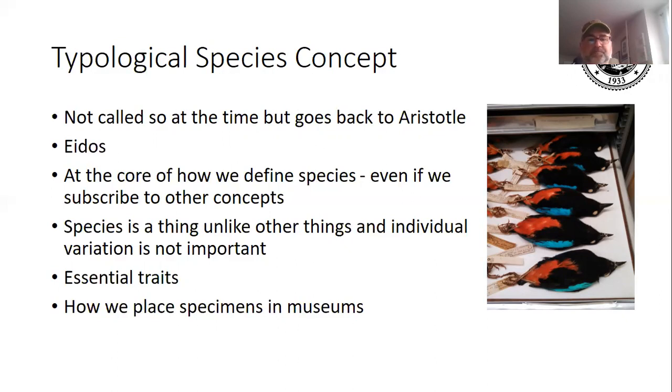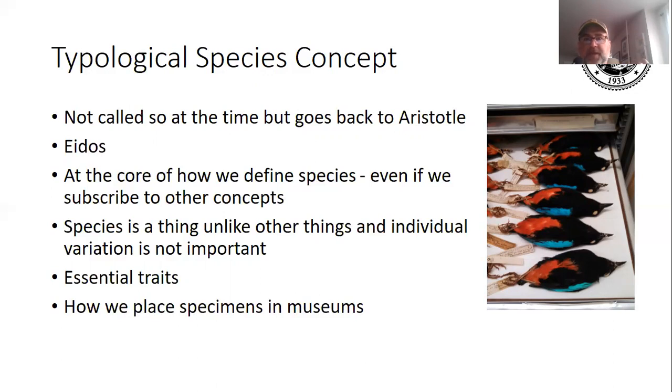And one analogy I came up with is, this is why field guides work. They show one picture of a plant or a butterfly or a robin, and that represents the entire species. So even though a robin may not exactly match, if it's close enough, it's the same thing, okay? So one interesting consequence of the typological species concept is that individual variation is not important.